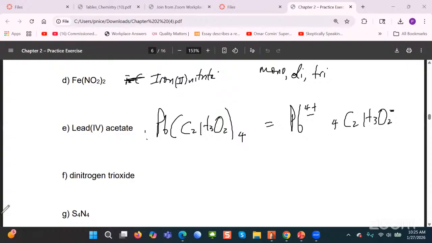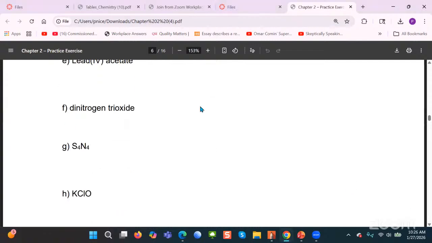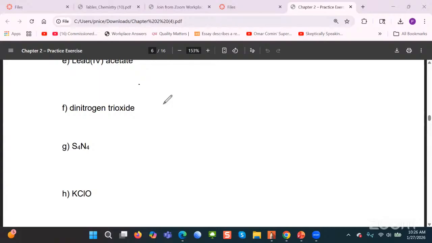So let me clear this first. All right, so in the case of dinitrogen trioxide, the formula will be N2O3, and that's it, right? 2 nitrogen atoms, that's where the dinitrogen comes from, and the 3 oxygen atoms, that's where the trioxide comes from, all right?